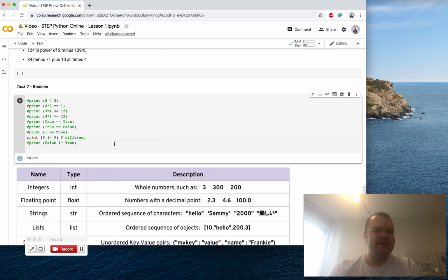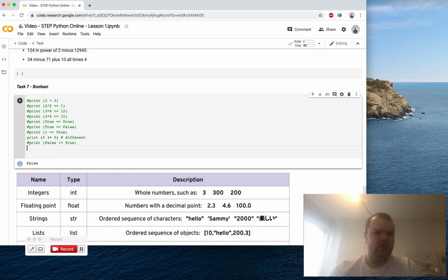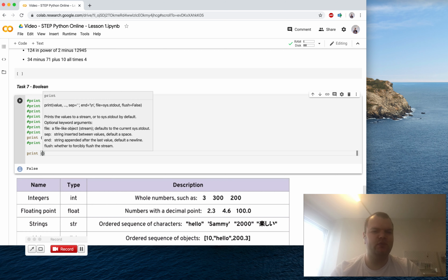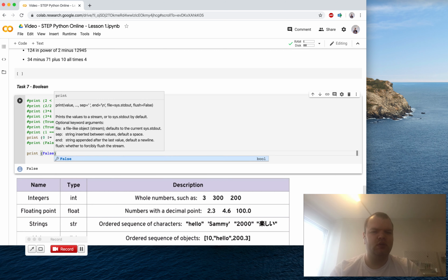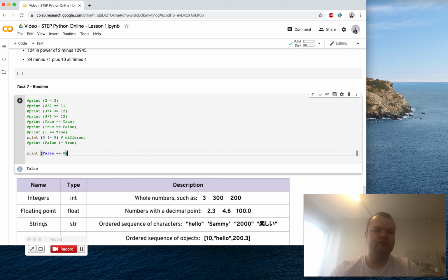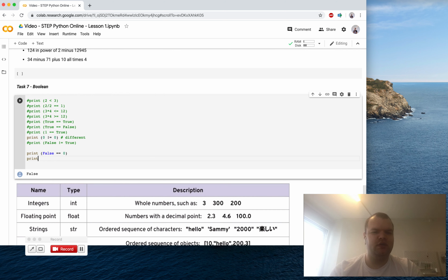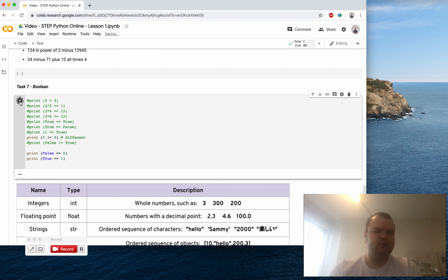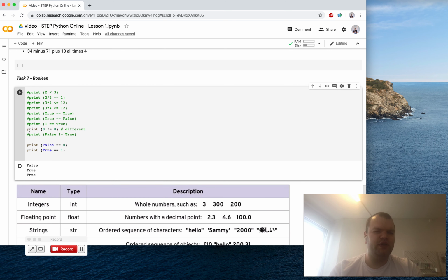So to represent zero, we use false. And to represent one, we use true. So this part of the code will give us 3 examples.